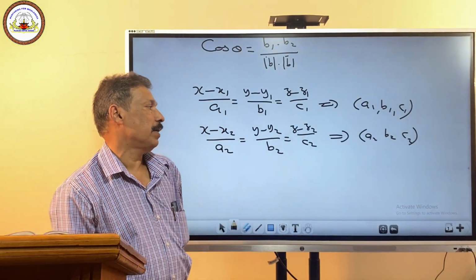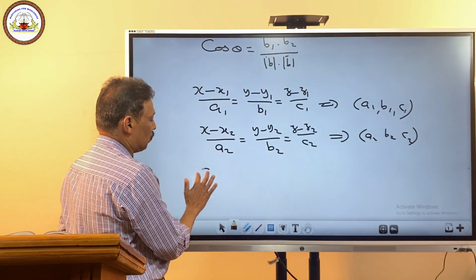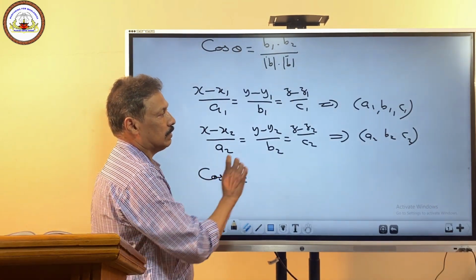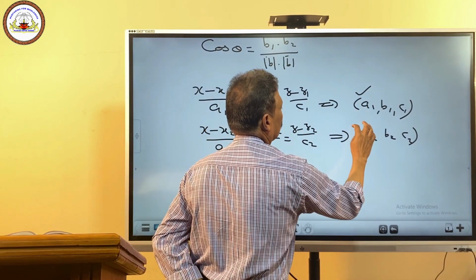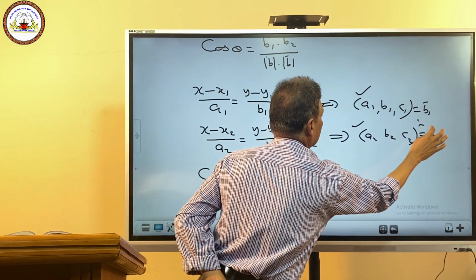For finding the angle between these two lines, we apply the formula cos theta, considering these two vectors. This is b1 bar, this is b2 bar.